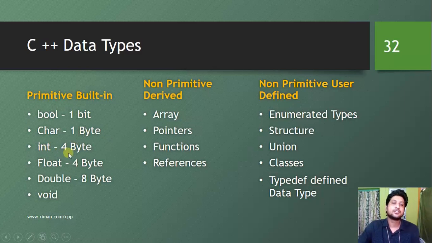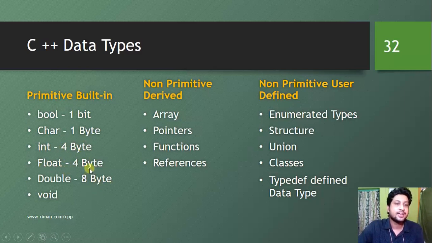int, so the storage size is 4 bytes. And one more important thing: this storage, especially for char, int, float, and double, is actually dependent on the architecture of the machine. So they might be at least 4 bytes, at least 4 bytes, at least 8 bytes, but depending on the architecture of the system, they may vary from machine to machine.